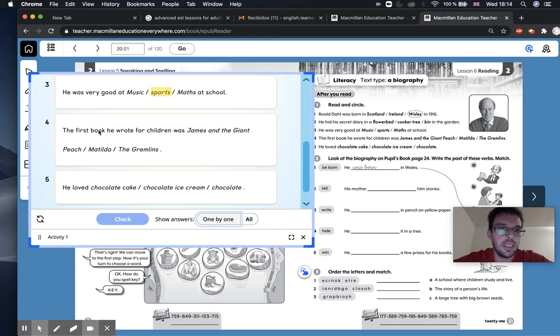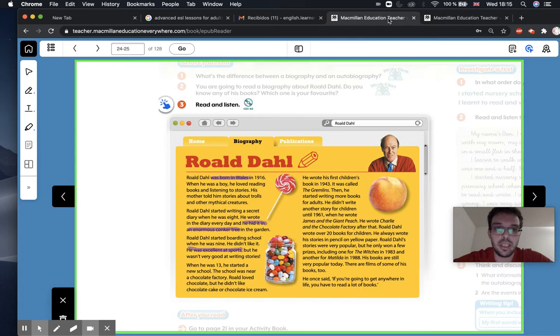Number 4. The first book, el primer libro, the first book he wrote for children, para niños, was James and the Giant Peach, Matilda, or The Gremlins. Which was the first book he wrote for children? Let's have a look in the text.